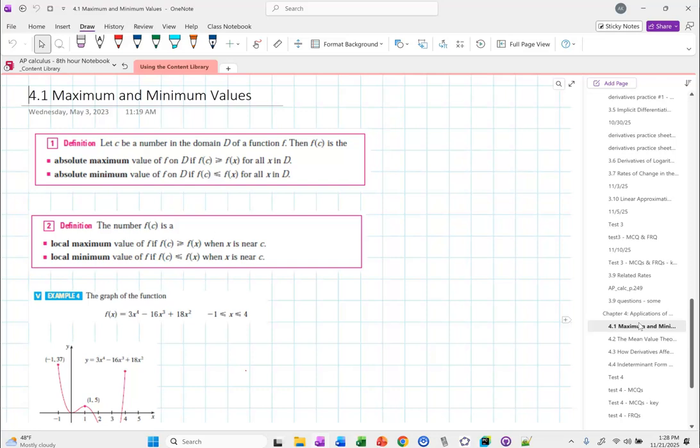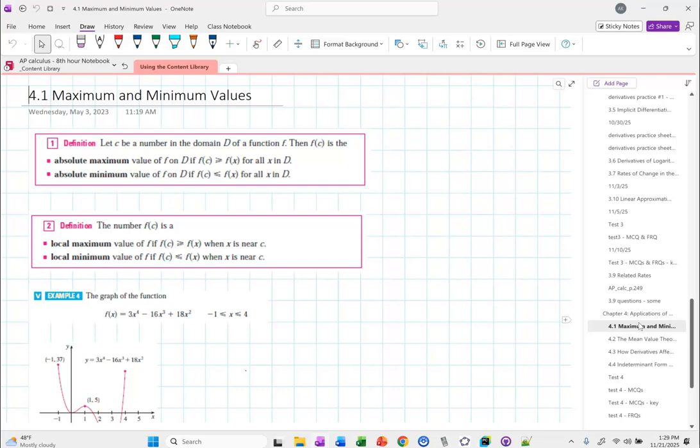So in section 4.1, we're going to learn about the relationship between minima and maxima for a function and the derivative. Okay? So there's 2 different types of extrema, minimums and maximums, right? And then for minimums and maximums, there's 2 different types of those.